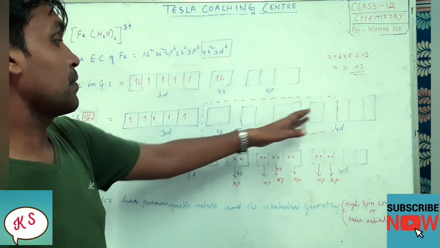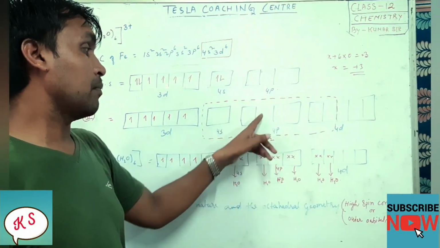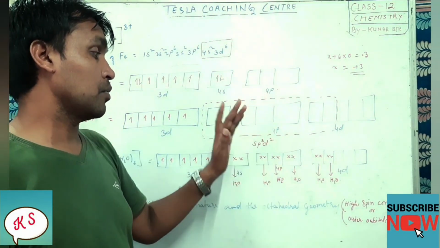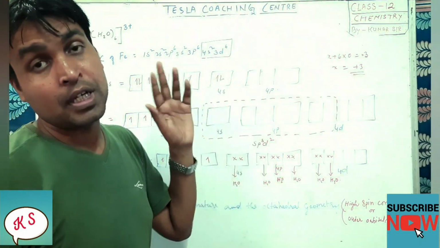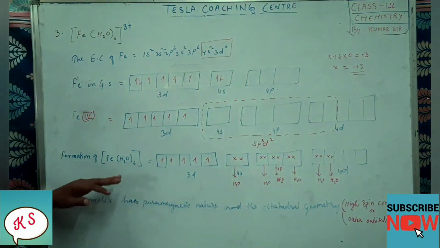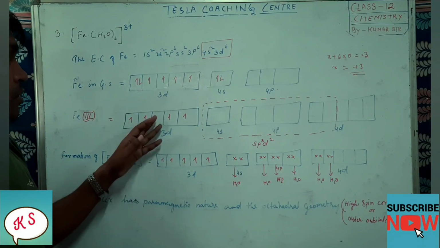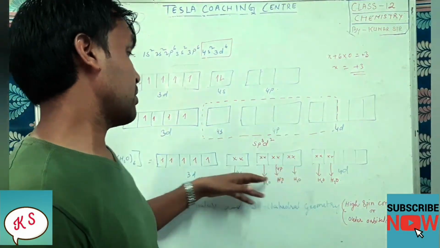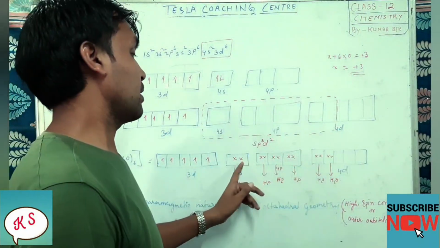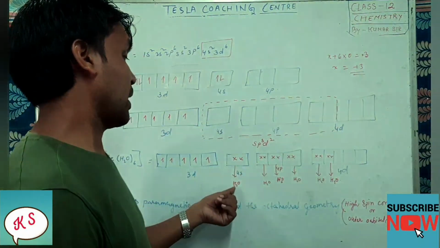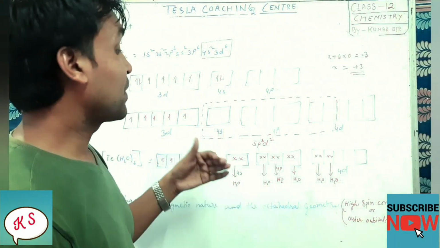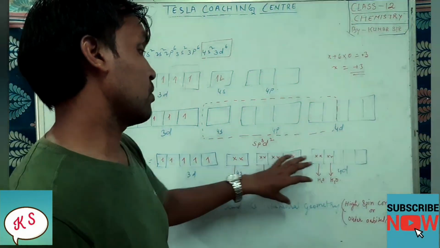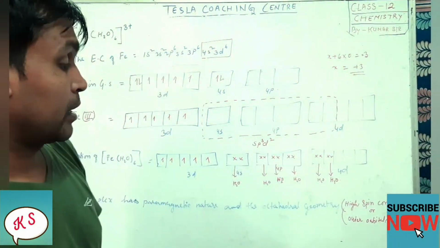So if you combine this, how many s orbitals? 1, p orbitals 3, and d orbitals 2. So the hybridization is sp3d2. Now formation of [Fe(H2O)6]3+. This one will remain as it is, and these 6 boxes which we have grouped together, there we will draw 2 x marks, and then write water downside. That means water is going to form a coordinate bond with the central metal atom.